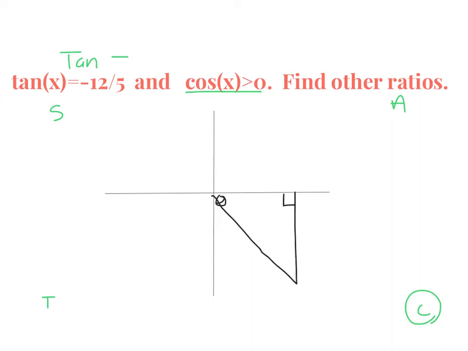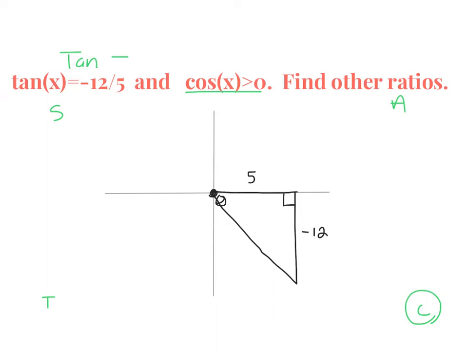Again, that interior angle is always going to be theta, initiating at the origin, right angle perpendicular to the x-axis. Our tangent ratio is opposite over adjacent, so that helps us see that that ratio is -12/5.